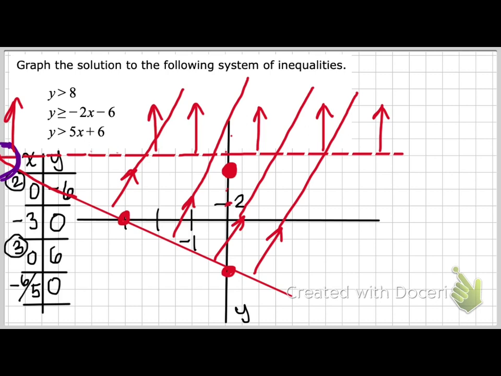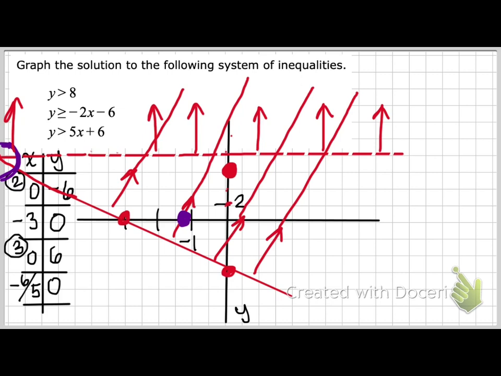So maybe I'll do a different color again because it's getting a little obscured here. Somewhere right next to the -1 would be -1 1/5. And I want to connect those points. I think I'll stay with this purple color.